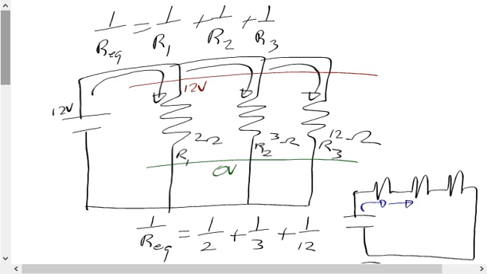Imagine yourself going through some scenario where something is giving you resistance, you finally get through it, and then, oh gosh, there's another thing giving you resistance, you have to go through it as well, and then yet again. So the more resistors you have, the more resistance it'll give you total, so it makes sense you have to add them up.